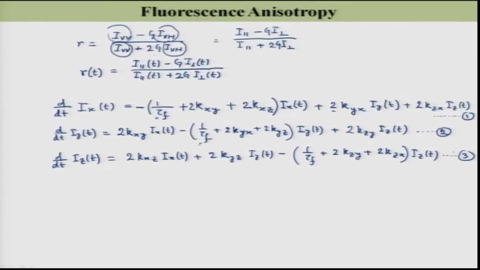So, I need to rewrite all these equations, which is difficult, but let me write it. So, d/dt of I_x(t) equal to minus (1 over tau_f plus 4D) I_x(t) plus 2D I_y(t) plus 2D I_z(t), right.